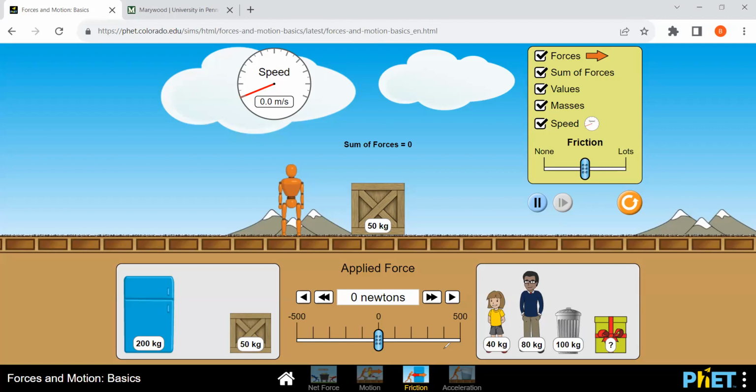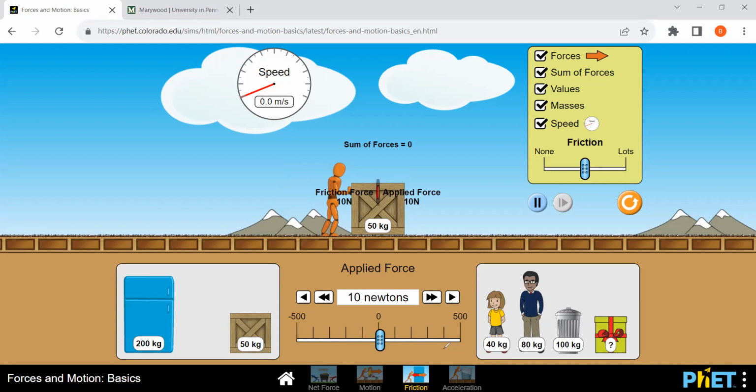Now let's see what happens. Let me apply 10 Newton. You see that when I apply 10 Newton, nothing happens. It doesn't move. The speedometer shows 0 meters per second.